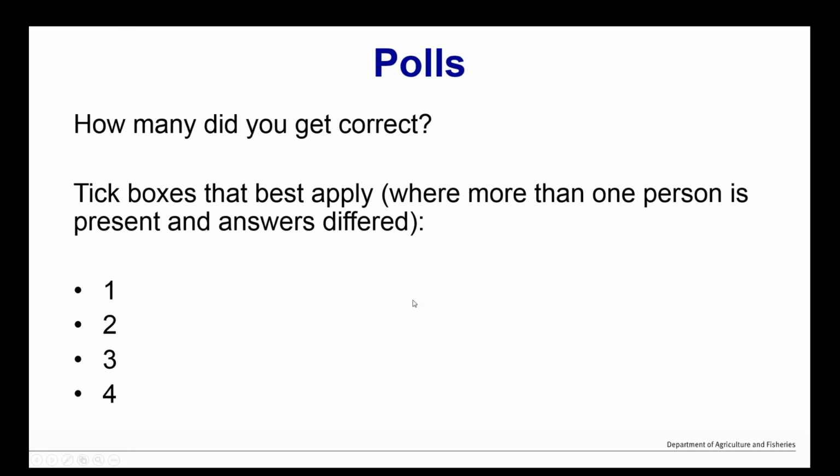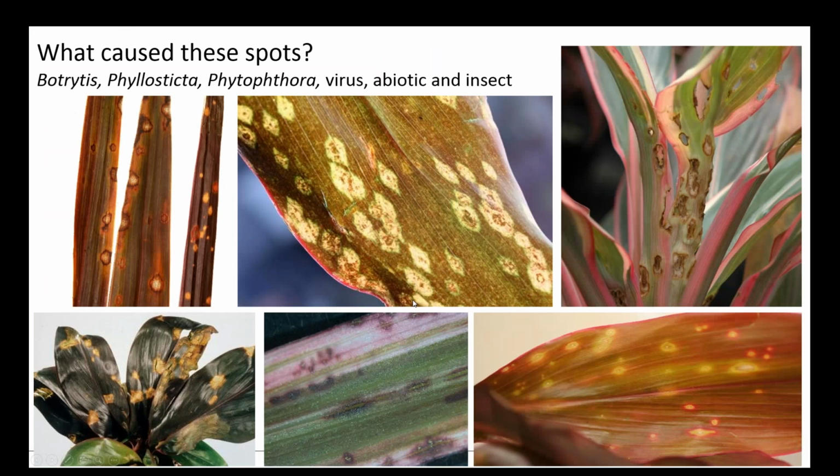and move on because we are coming very close to the end of the workshop. Now I put this one in as not an exam per se, but to illustrate that you get a lot of different spots on a single host plant group. These are cordyline. And so here we've got Phyllosticta, which is a fungal leaf spot, a Phytophthora leaf spot, your virus being similar to the botrytis spores.